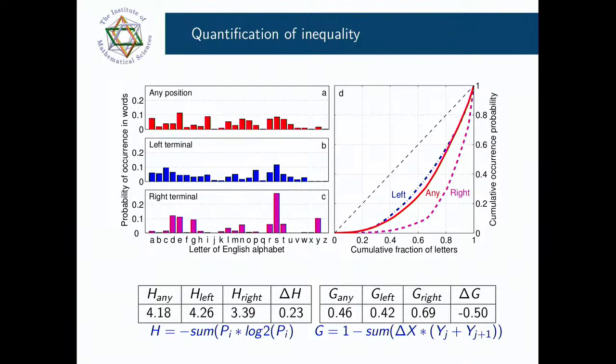Just focus on this. Whatever language you are talking about, the start entropy is always higher and end entropy is always lower. And in terms of Gini index, start Gini index is lower and the terminal Gini index will be on the upper side.